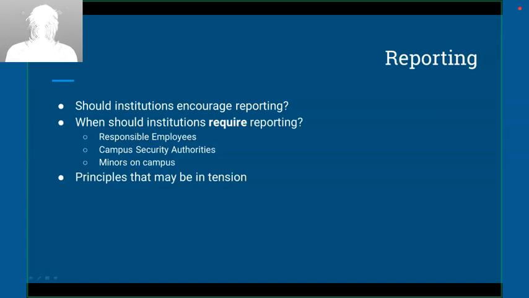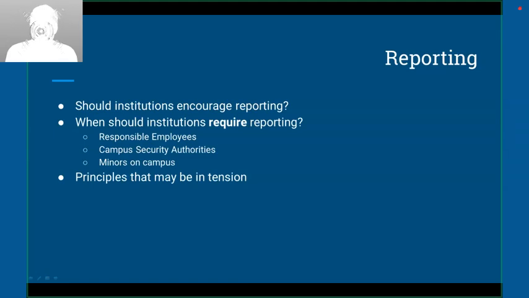One is a strong value for offering people with concerns autonomy to make decisions about what happens with their concerns and what happens with their information. And that's important. And many people and institutions hold that to be a very significant value. Another principle that's also extremely important and may at times be in tension with that is that institutions can't do anything about something they don't know anything about.